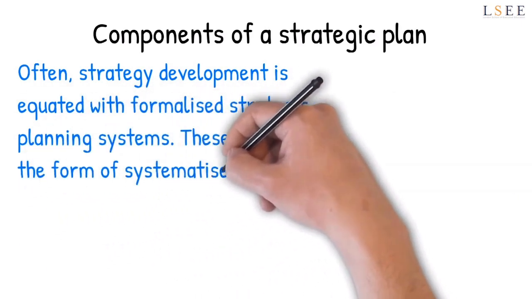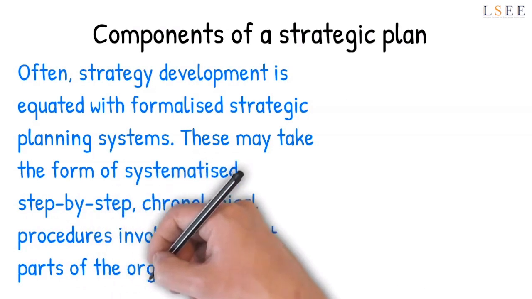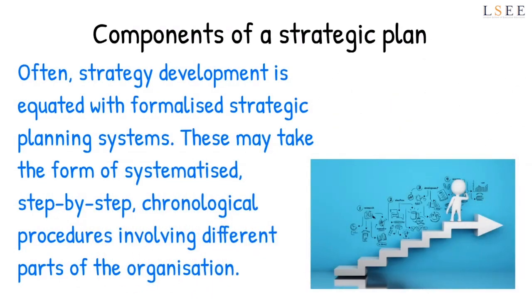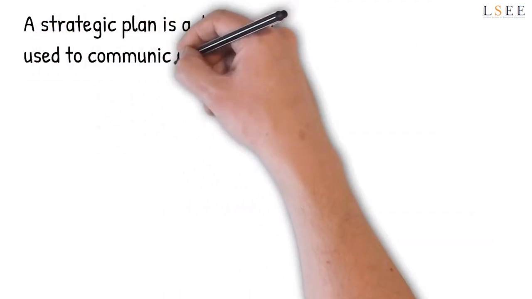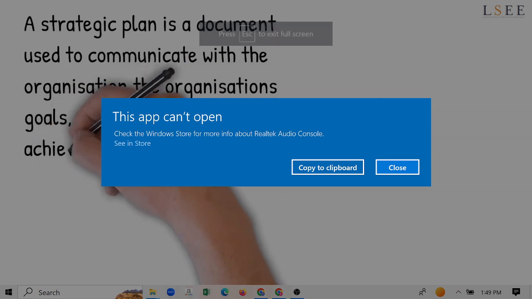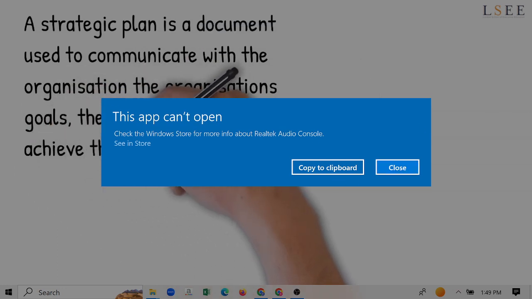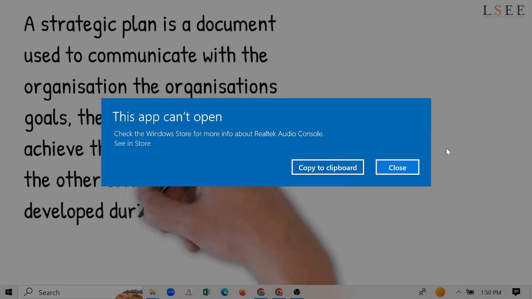These may take the form of systematized, step-by-step, chronological procedures involving different parts of the organization. A strategic plan is a document used to communicate the organization's goals, the actions needed to achieve those goals, and all of the other critical elements developed during the planning exercise.